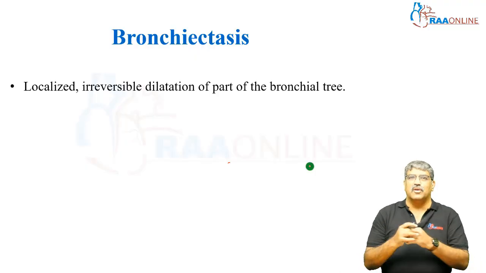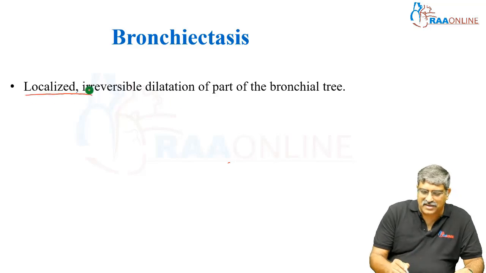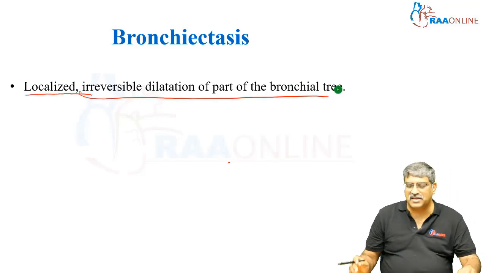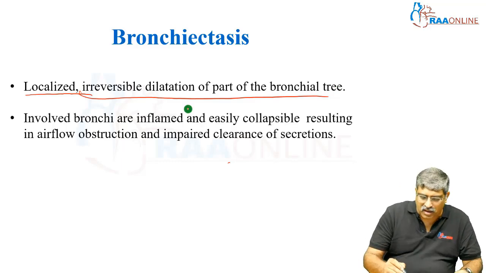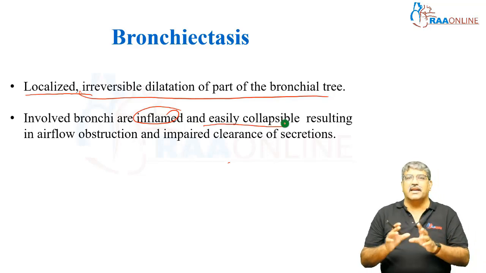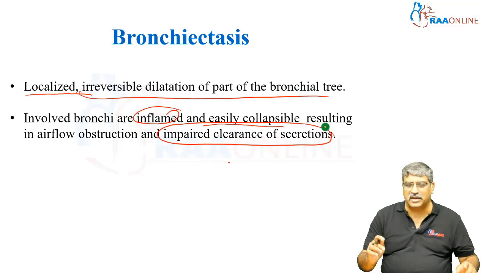Now coming to bronchiectasis, it is a localized irreversible dilatation of the bronchial tree, and the involved bronchi are inflamed, easily collapsible, resulting in airflow obstruction and impaired clearance of secretion.